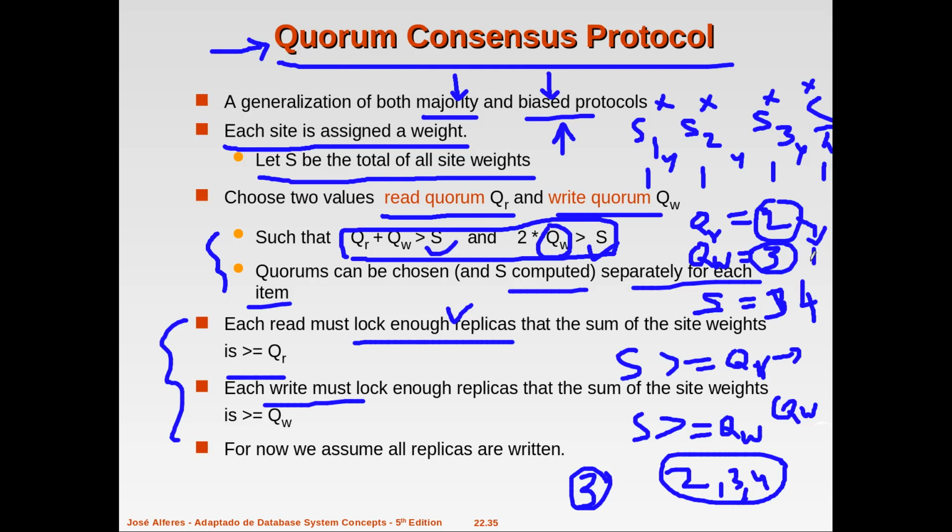Read and write on the same data item is also possible. But the transaction which gets the maximum number of quorums will be given the lock grant, and it can continue with its operation. So this is the major concept of the quorum consensus protocol, where we combine the concepts of the majority protocol and the biased protocol.